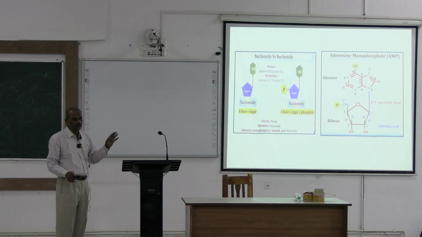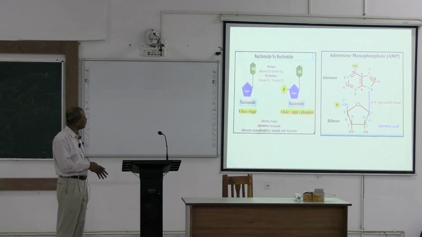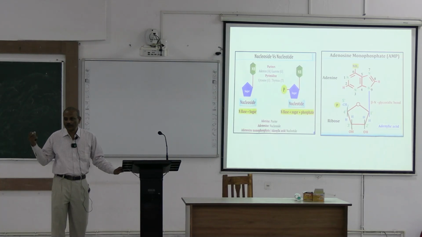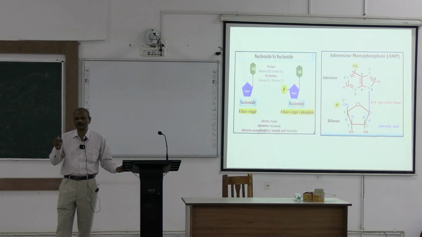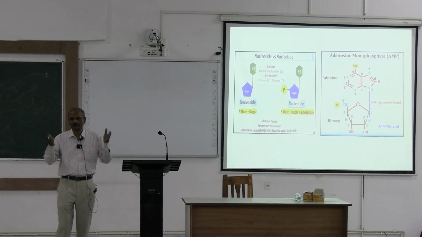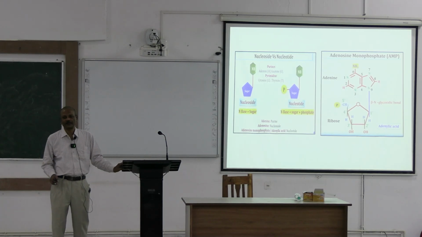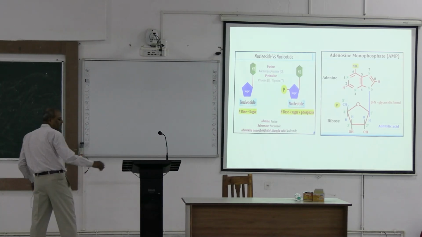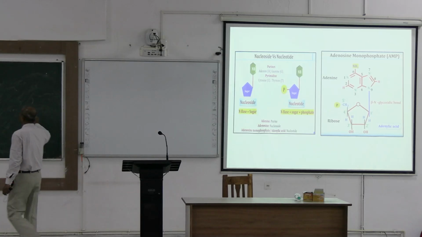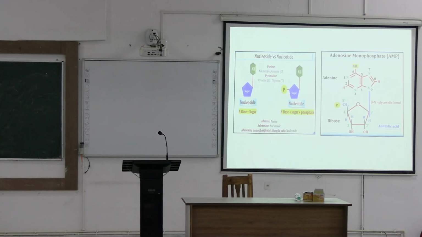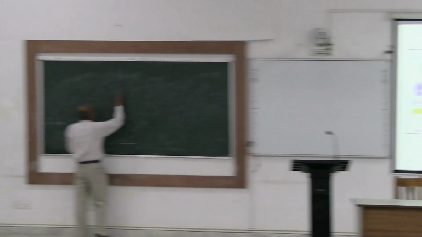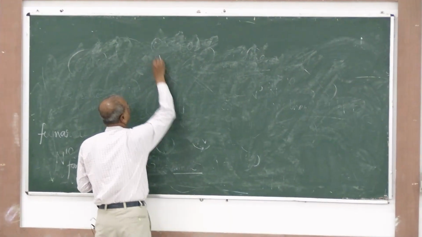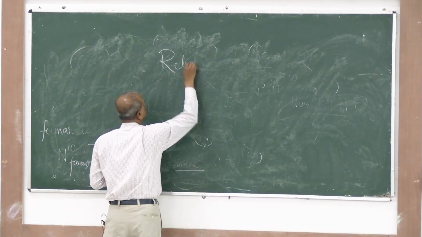Now, nucleotide and nucleoside, you all know the difference between the two. One has a phosphate group attached to it. Now, ribose 5-phosphate, as I told you, is the starting material, and at the end we are getting a nucleotide. In the first step, ribose 5-phosphate is the starting material.